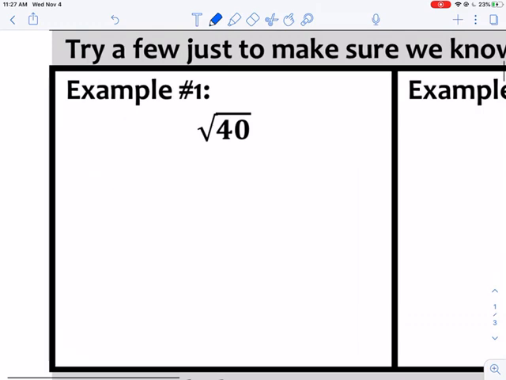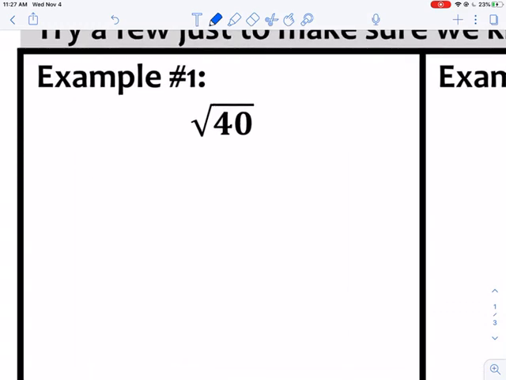So let's look at a couple here. I need the square root of 40 to break down into two square roots. One of them has to be a perfect square. The largest perfect square nearest to 40 is 36. Well, in my calculator, if I do 40 divided by 36, I get a decimal.